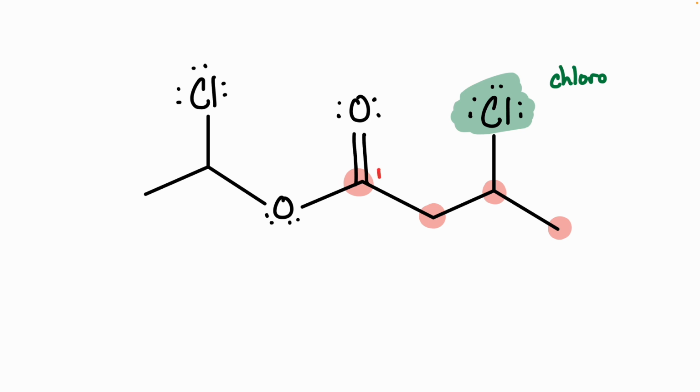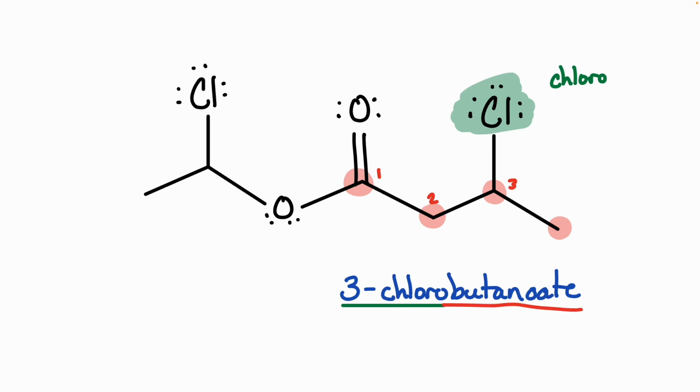Remember, carbonyl carbon must be carbon 1. So counting away, that would be a 3-chlorobutanoate. There's my substituent and my parent chain.